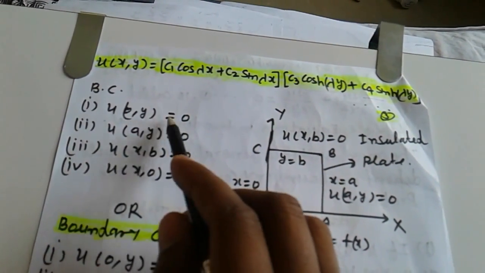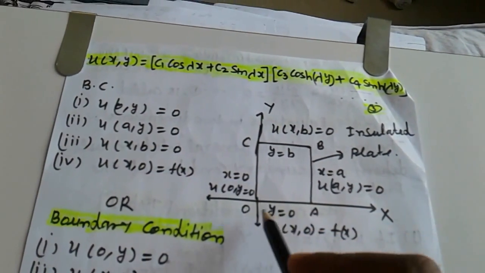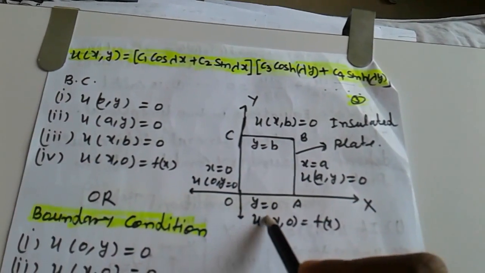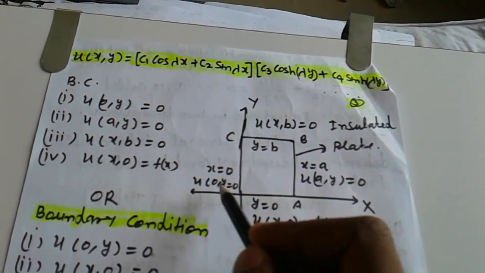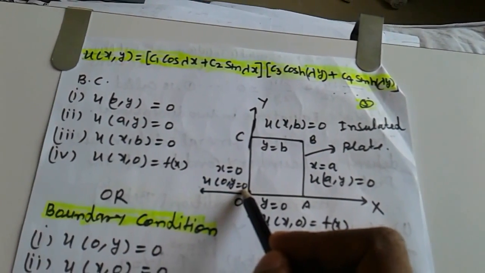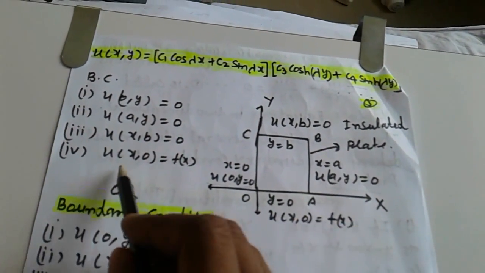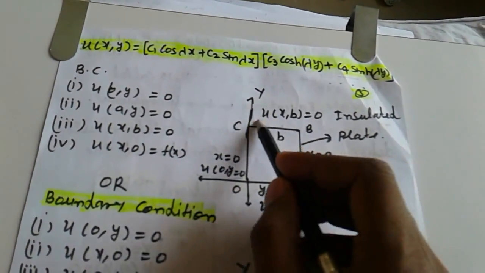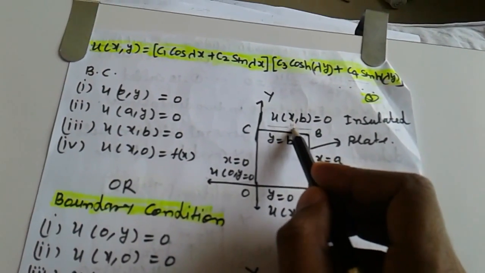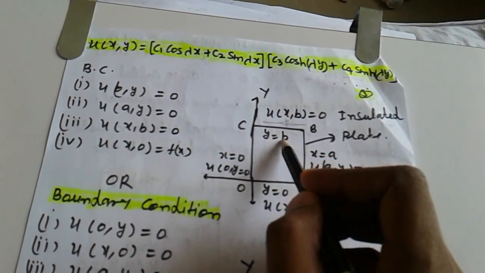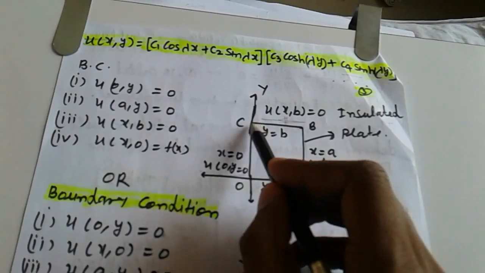Boundary conditions: u(0,y) = 0, u(a,y) = 0, and u(x,b) = 0, which is not tending to infinity, a given condition. Or the boundary is insulated.